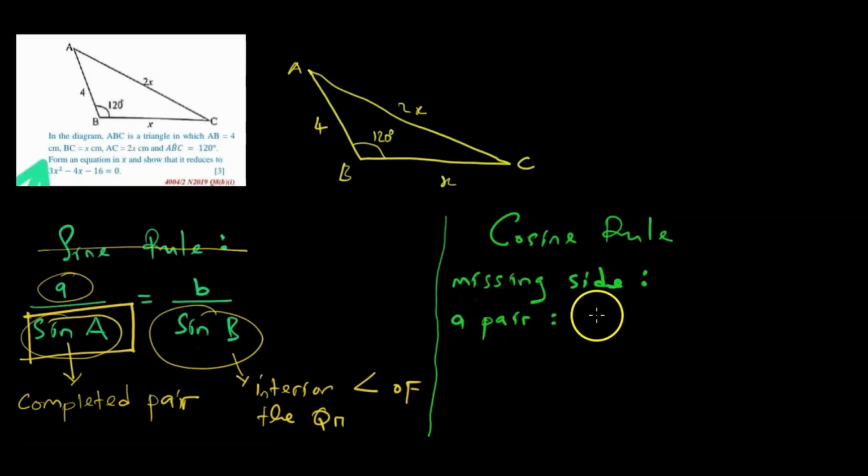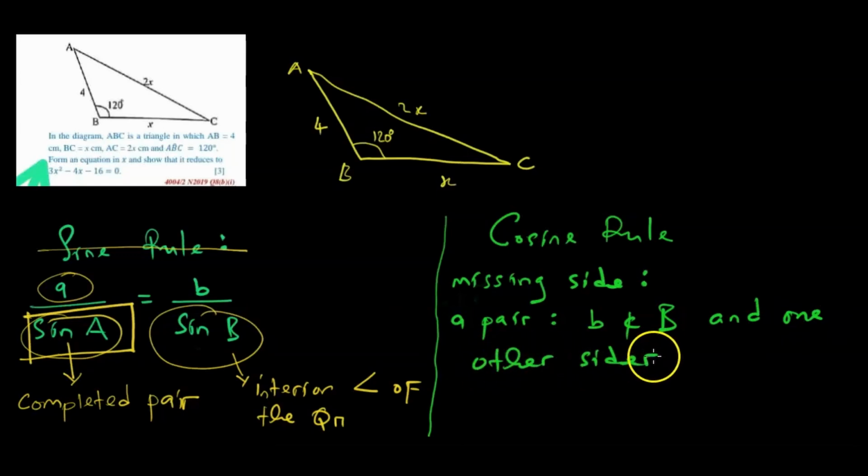In that case we have b and b, that is the pair we need, and one other side. So we need, sorry, it's a side with its corresponding angle, then we need at least one more side, two sides and an angle.